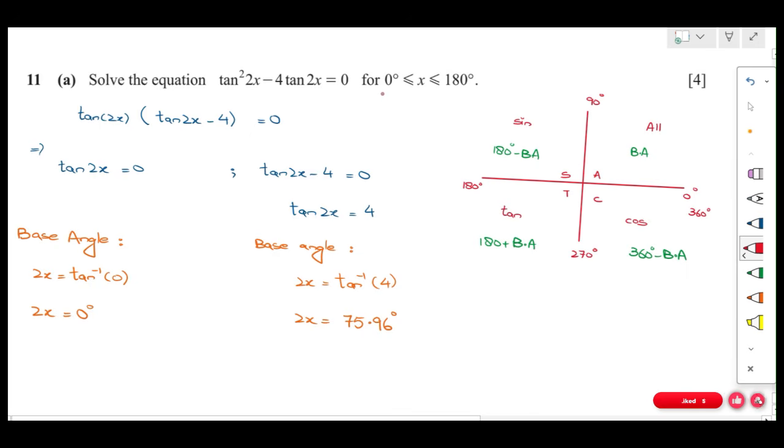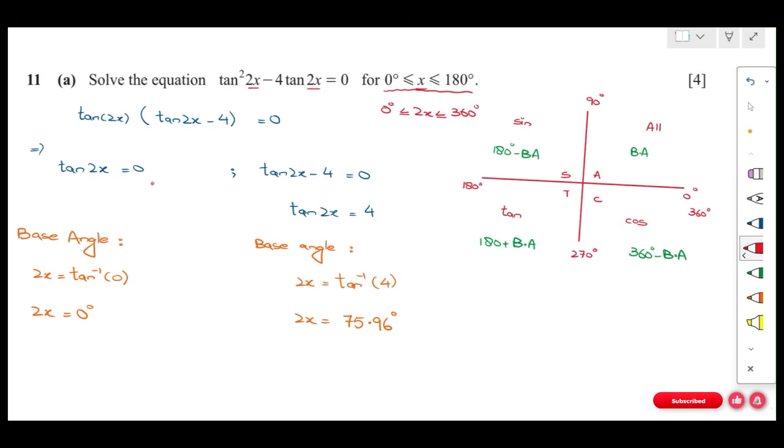Now the domain you can see is for the variable x, and the angle we have is 2x. So what is the domain for 2x? Multiplying by 2, 0 times 2 is 0, 180 times 2 is 360. So the domain for 2x is from 0 to 360.